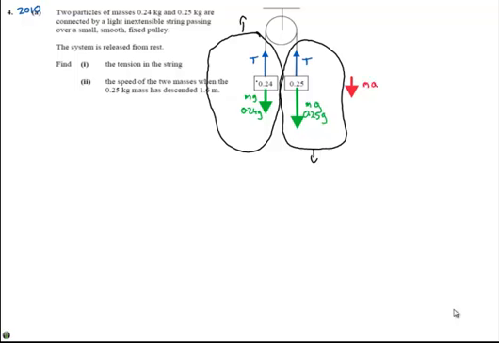So in this case it'll be 0.25 a, while this side here will net accelerate, will go up, the exact opposite of that one there, and it'll be mass times acceleration, but in this case 0.24 a.